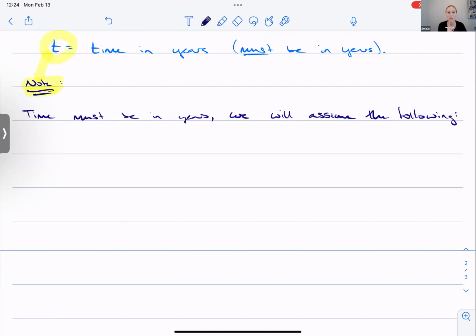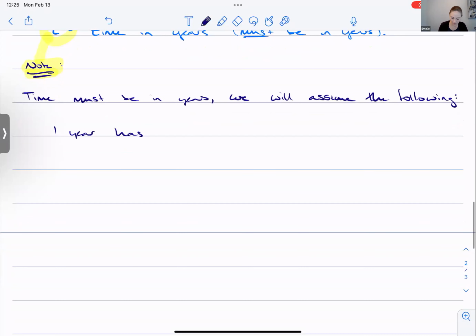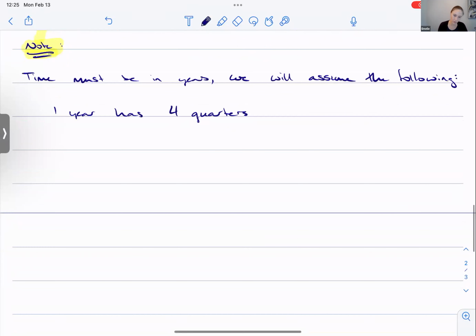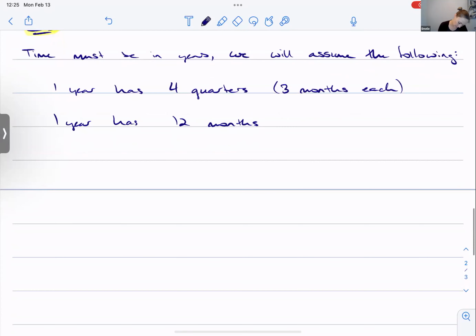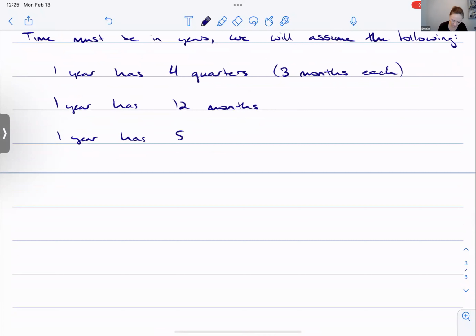So we're going to assume that 1 year has 4 quarters, 3 months each, right? I'm just trying to think of the largest split that I could do of a year. 1 year has 12 months. 1 year has 52 weeks.